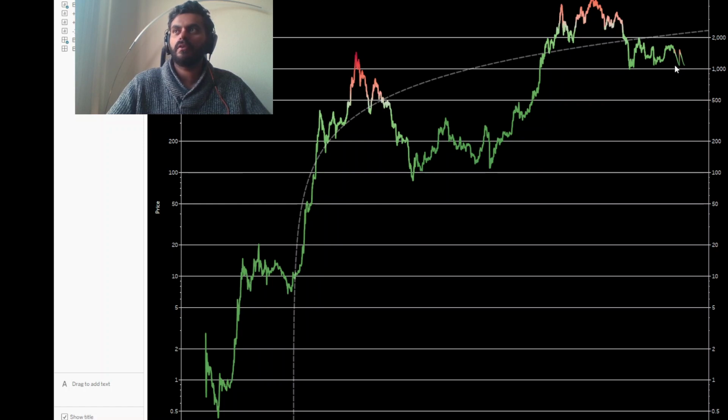Instead of going lower than 1,000, the forecast plus one standard deviation has its bottom not at $944 but around $1,081.